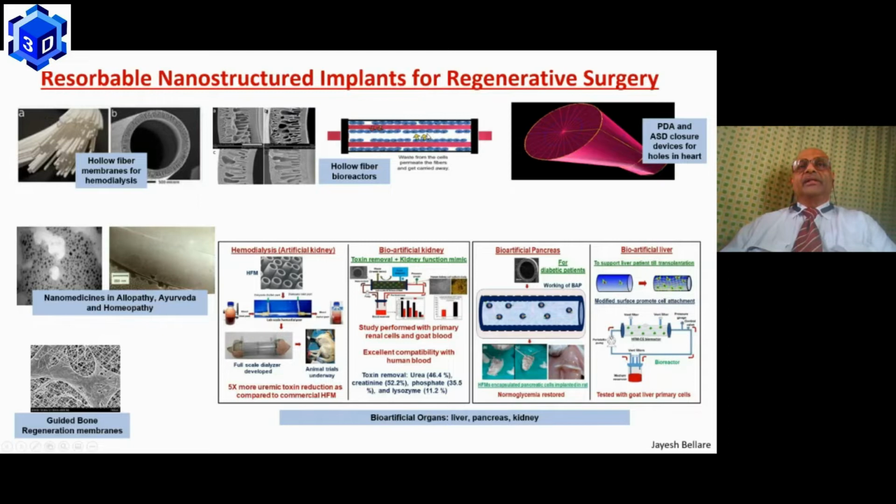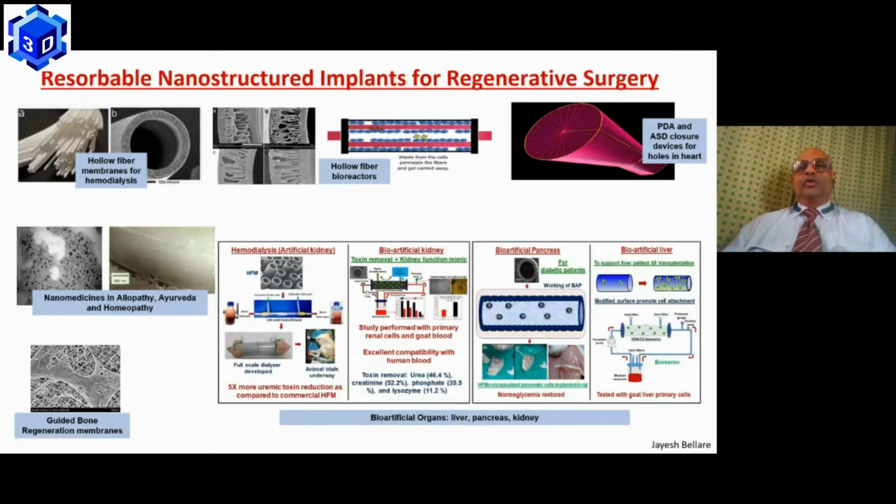Some of these are made by 3D printing, some by other fabrication techniques. These have been used in hemodialysis, which are passive devices. We are also working on bioartificial kidneys to suit hemodialysis better.